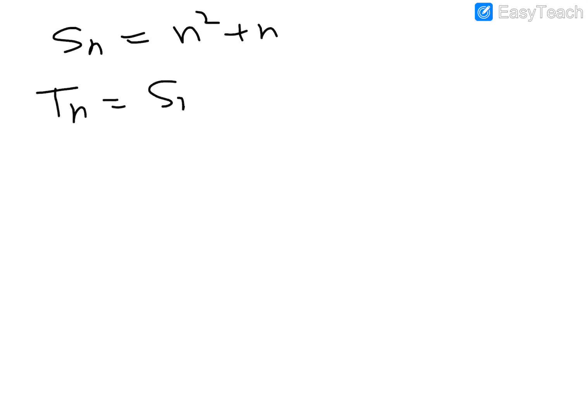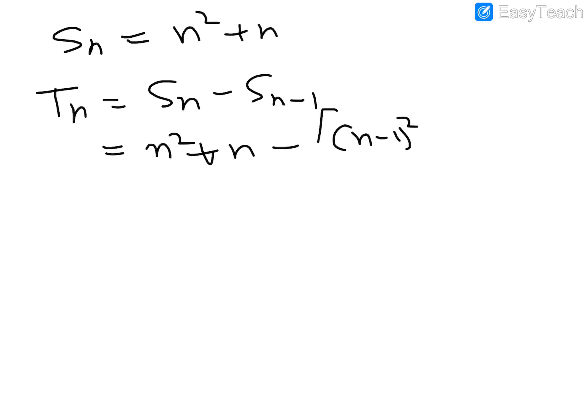Okay, now one interesting thing about AP, from this we will conclude. Let's say I have been given Sn is equal to n square plus n. Now sometimes a question will come, where it gives you Sn and asks you Tn. How will you find Tn? Tn will be Sn minus S(n minus 1). So I can write n square plus n minus ((n minus 1) square plus (n minus 1)).